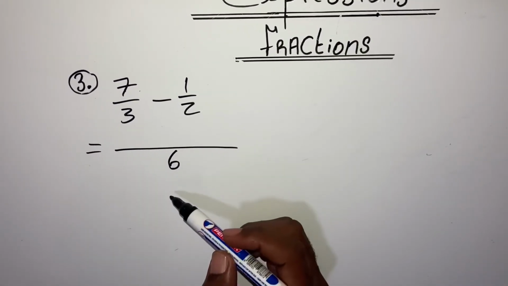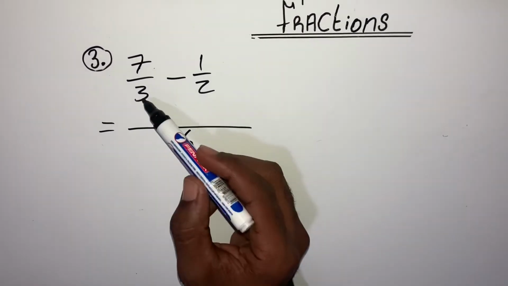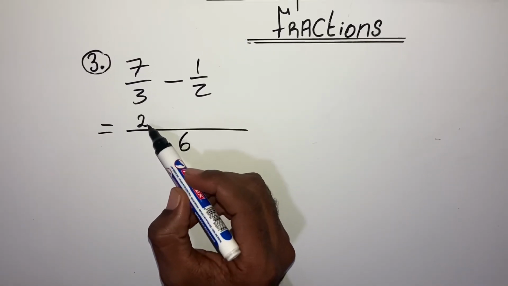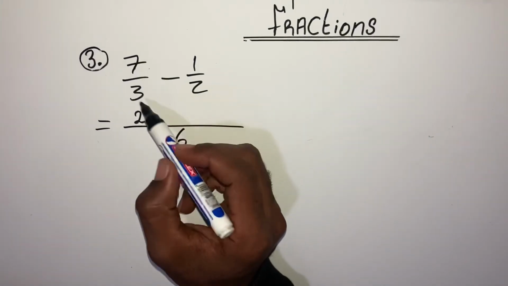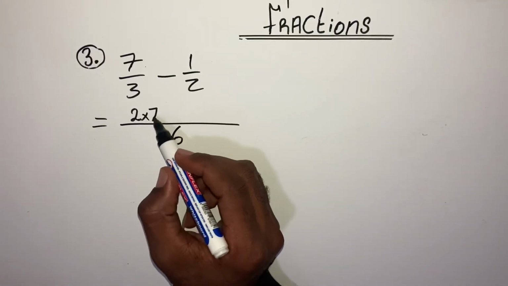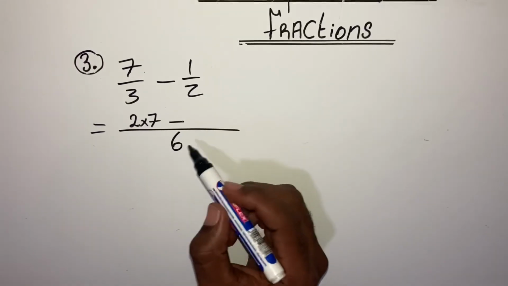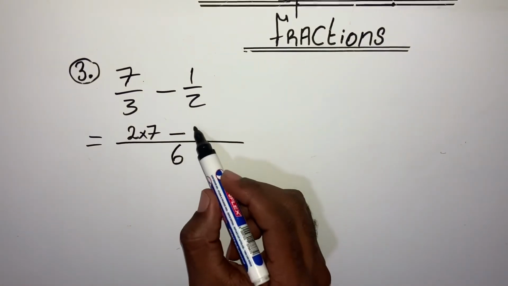Then we go on to say 6 divided by 3, what we get is 2. Then the answer we got times the numerator of that fraction, so it's going to be times 7. Drop the sign. Then again we go on to say 6 divided by 2, we get 3.